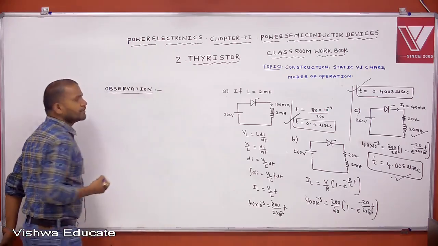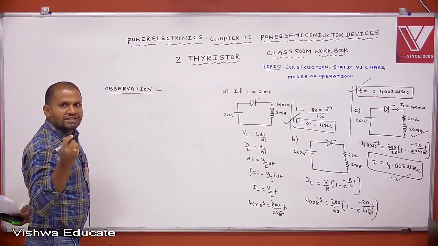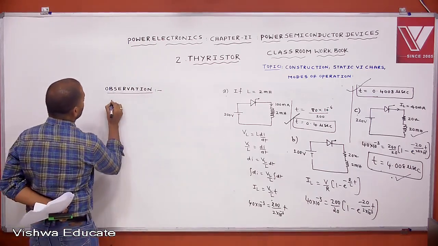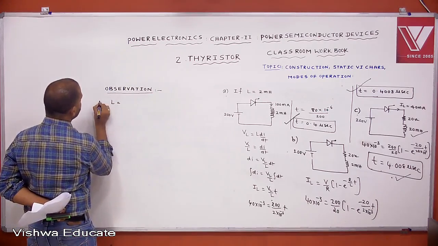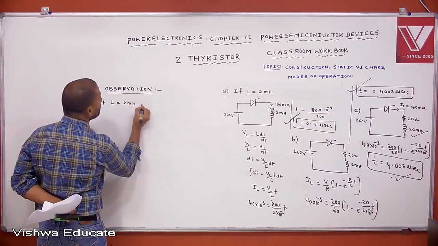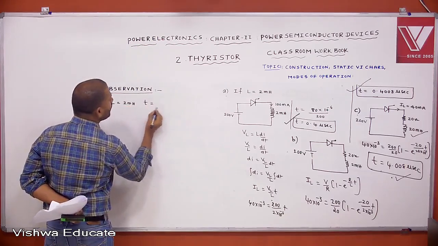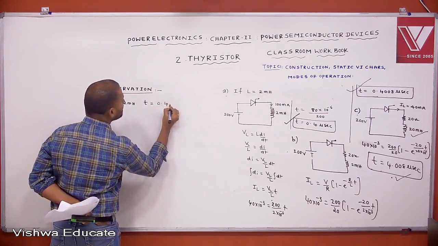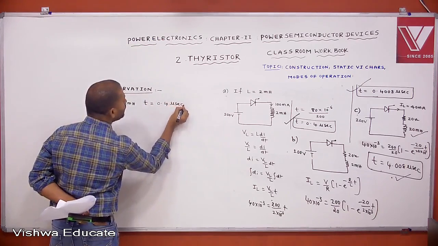For the same supply voltage, if L equals 2 millihenry, the minimum gate pulse width for reliable turn on of the SCR is 0.4 microseconds.